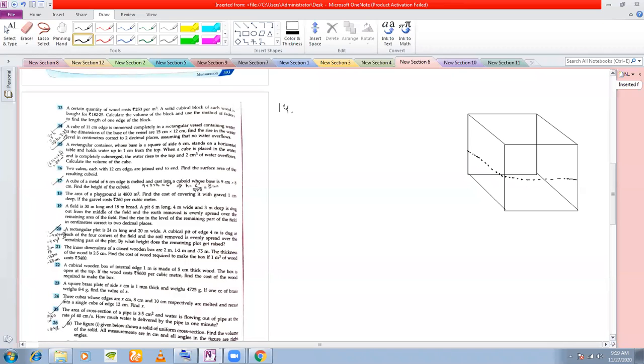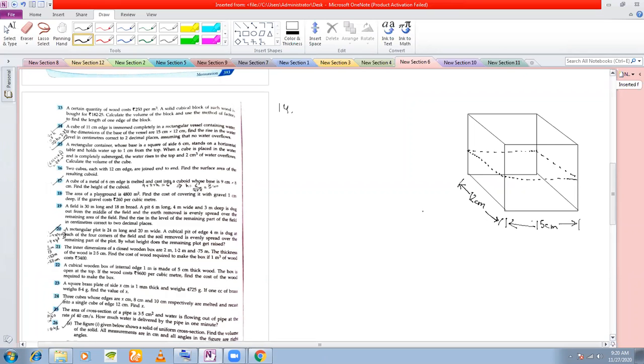And what are the dimensions given? The dimensions of the base of the vessel. In the question it's written, if the dimensions of the base of the vessel are 15 by 12. So that means this is my 15 and this is my 12.